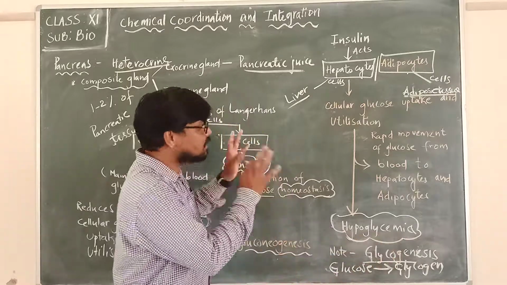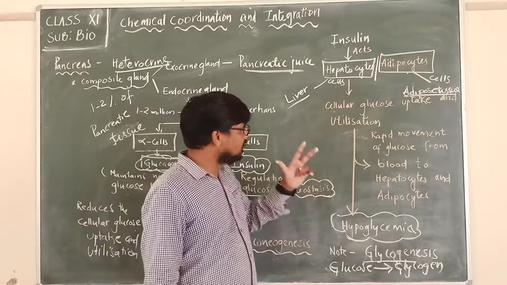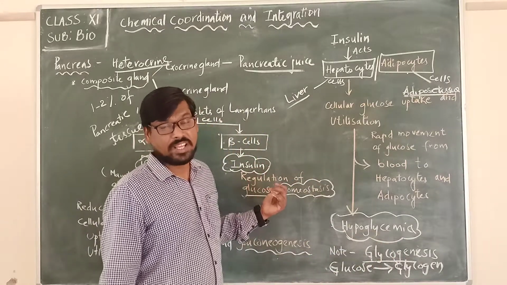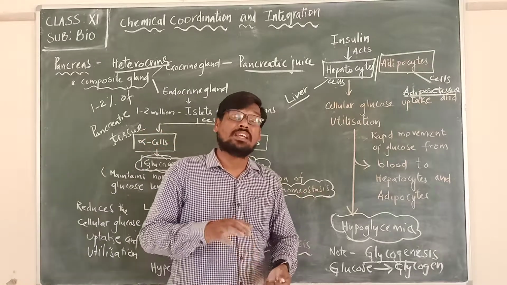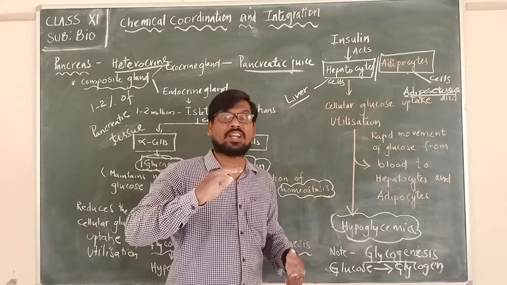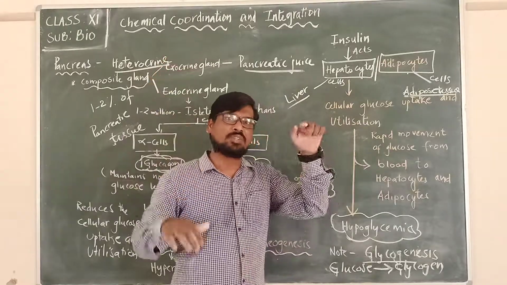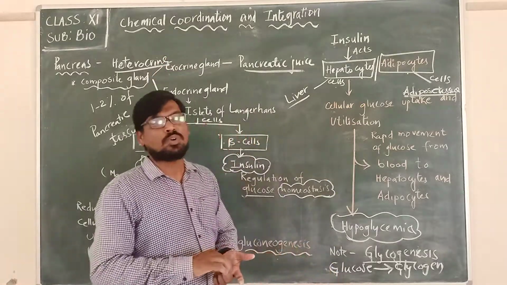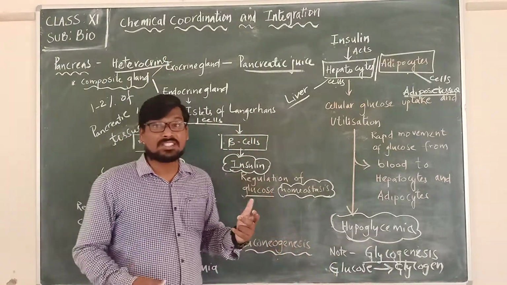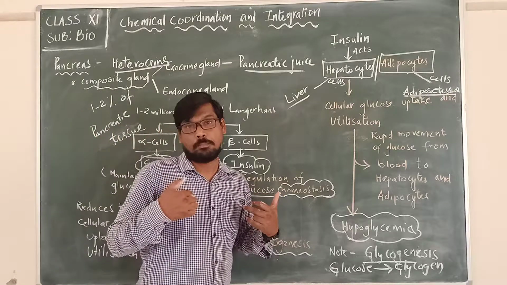And now with this we have to remember that these two hormones are balancing the amount of sugar. They are not allowing it to increase nor to decrease. These two hormones are helping in balancing the sugar levels in the body.